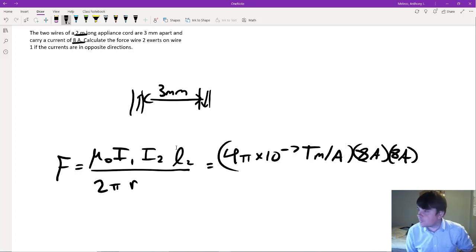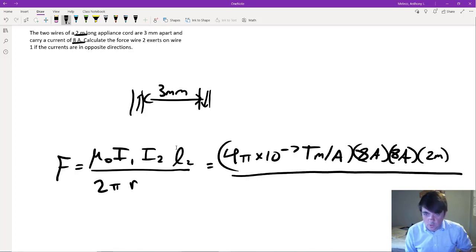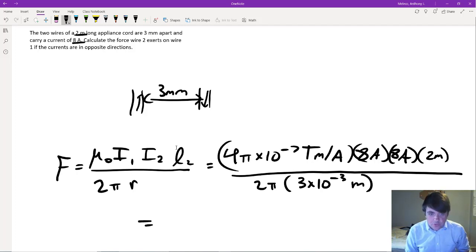And then the length of 2 meters right there. And it's 2 pi. Distance between them is 3 millimeters, so millimeters times 10 to the minus 3 meters. And you do all that math, I got 8.5 times 10 to the minus 3 newtons.